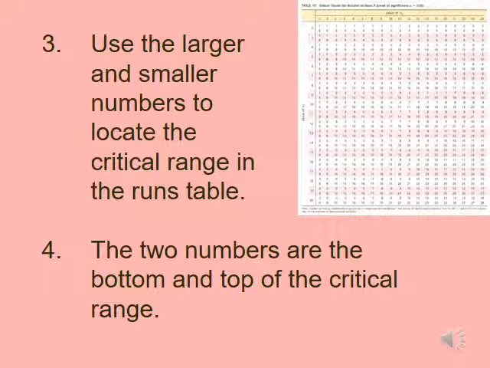You'll notice at the side it says value of n1 and at the top it says value of n2. That just means how many are in each of the two groups. I find where those rows and columns intersect, and that's going to give me two numbers that are the bottom and the top of this critical range.